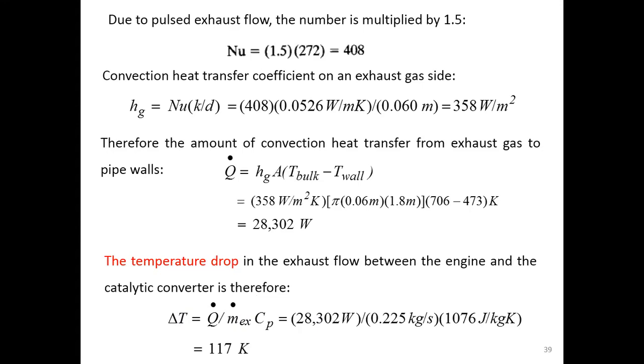So the gas temperature reduces because of this. So we use this second equation, Q equals m Cp delta T. This talks about only the gas, so this delta T here is the delta T of the gas. And what we found is 117 Kelvin.